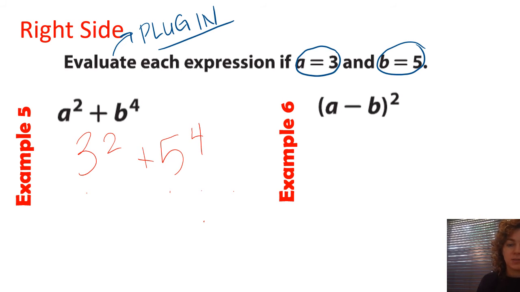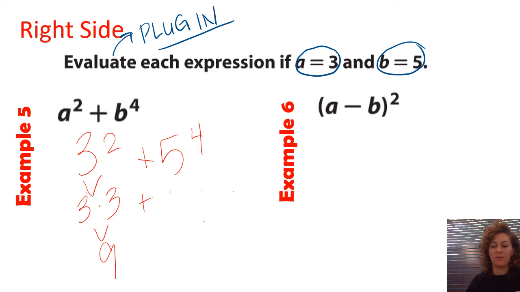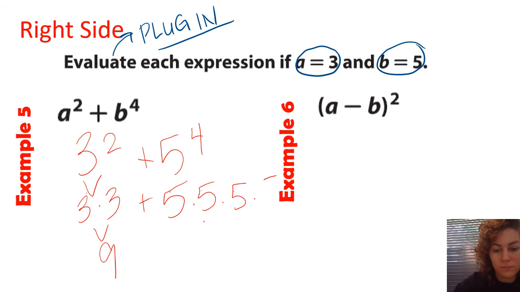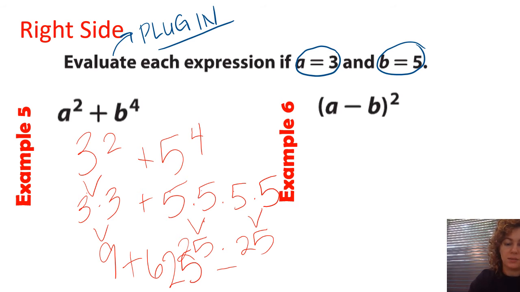Okay, so 3 squared would just be 3 times 3, which equals 9, plus 5 to the 4th would be 5 times 5 times 5 times 5. That would be 25 times 25, which is 625. So 9 plus 625 would be 634.